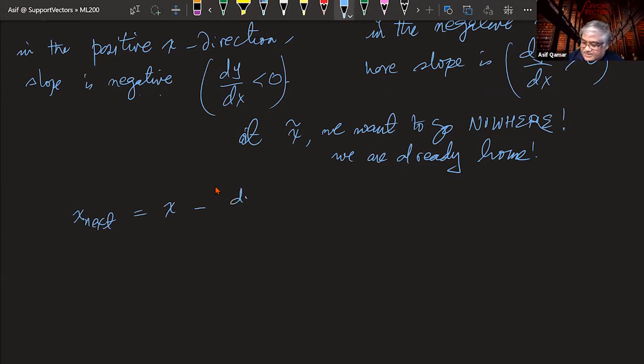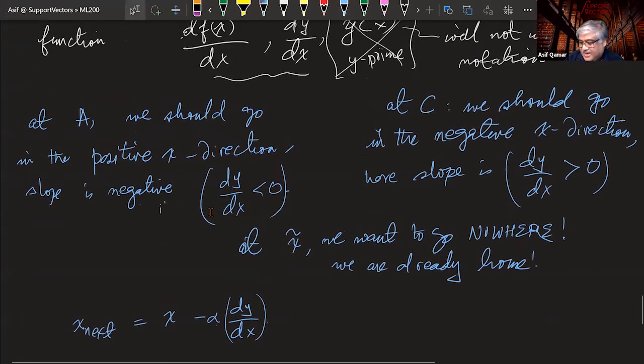Suppose I took dy/dx, and the slope can be a big value, and I multiplied by a small number, a small step. I take a small step against the slope. The slope is negative, and I want to move in the positive direction at A.